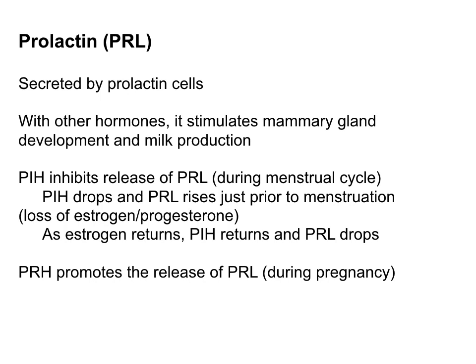So prolactin inhibiting hormone is present in males 24 hours a day, 7 days a week. It's present in non-pregnant females all the time, except for the little window of time just prior to menstruation where you lose your estrogen and progesterone. Prolactin releasing hormone is produced only in pregnant women, and it's just to boost your prolactin levels to help get mammary gland development where it needs to be.